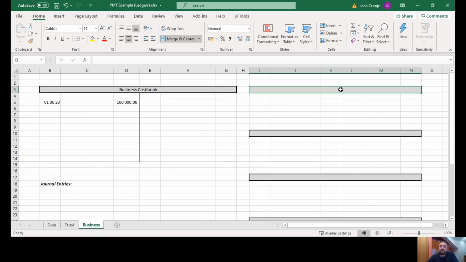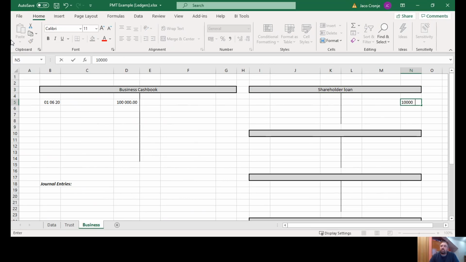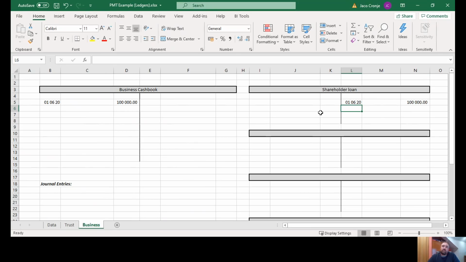The second thing that happens is the business owes me as the shareholder 100,000 Rand more. So I'm going to open this T account and call it shareholder loan and enter 100,000 Rand on the credit side. Oops, that's a million. 100,000 Rand on the credit side on the 1st of June 2020.